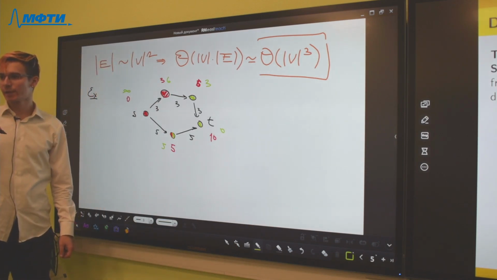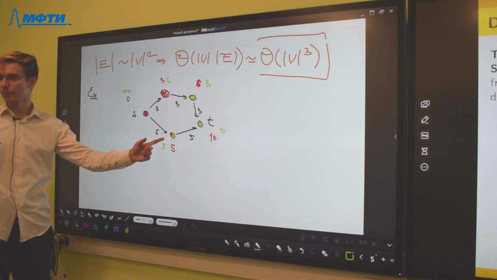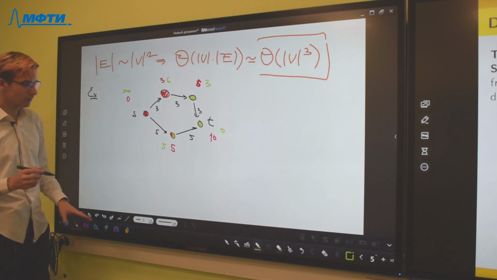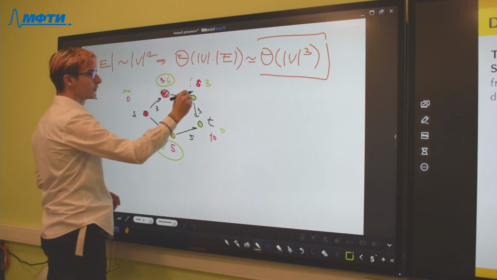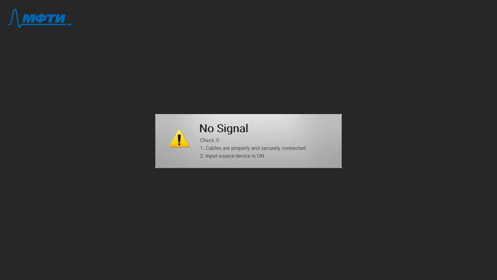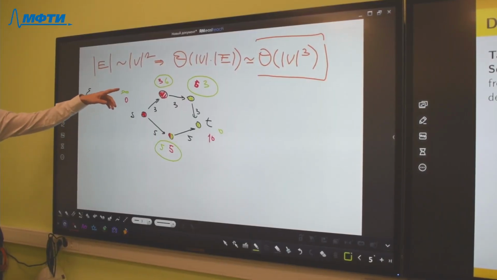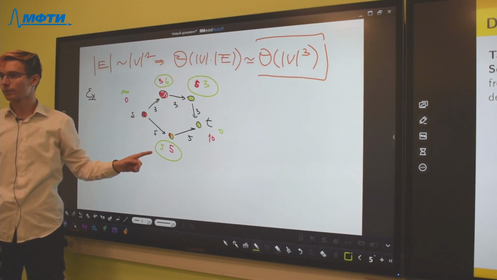When we extract one vertex from both queues, then we terminate and say we have some vertices that have finite numbers in both arrays of distance. And we find the minimal sum of these numbers.